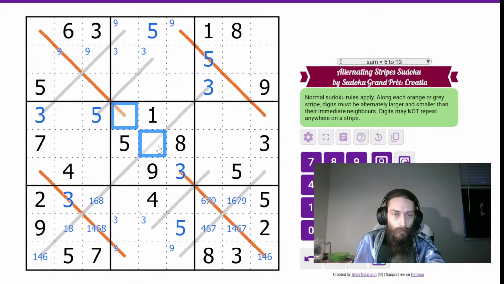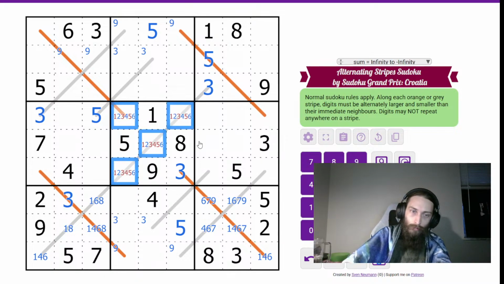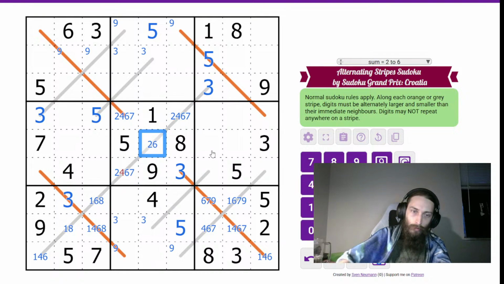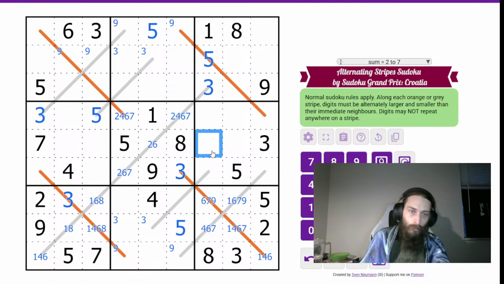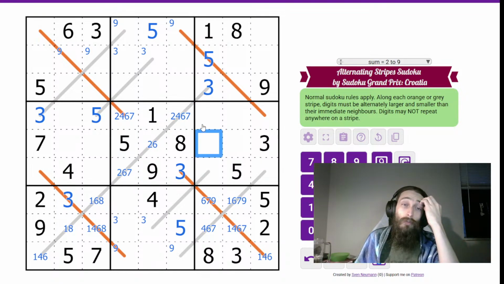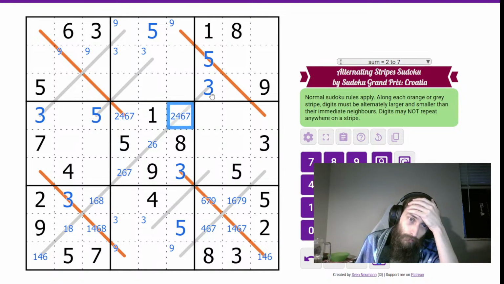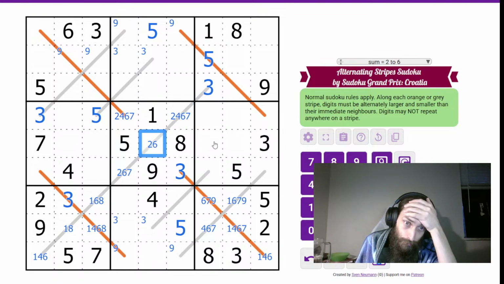What's left in box 5? 1, 5, 8, 9, and 3 are removed. 4 and 7, 4. So if this was a 2, 3 and 6 are both larger. If this was a 4, 3 and 2 are both smaller. 6 and 7 both have the same property.